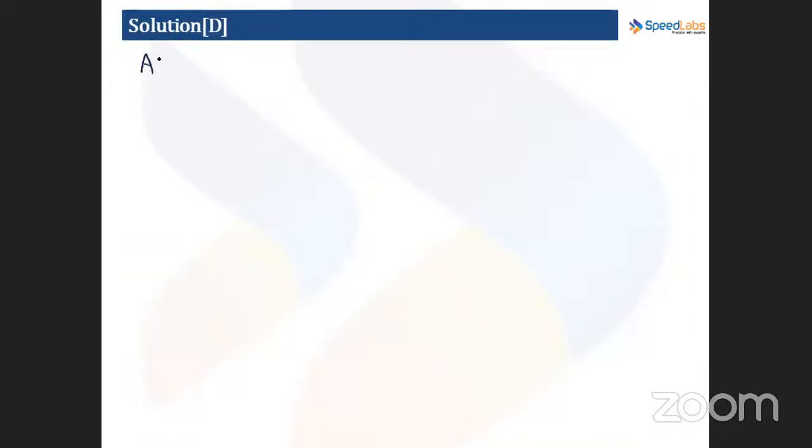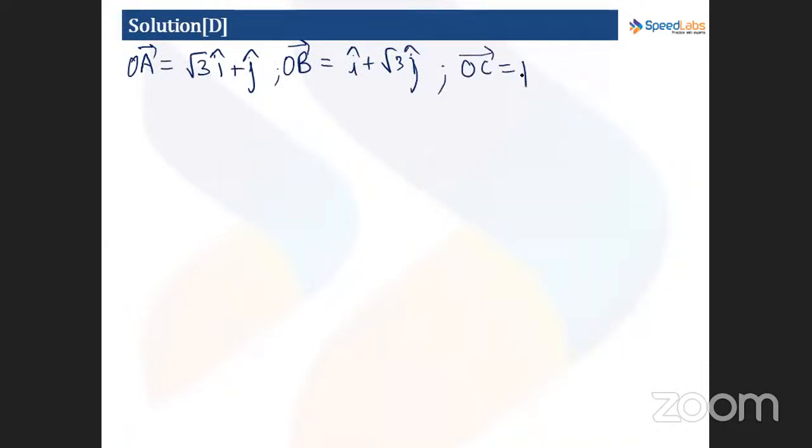So OA vector is root 3 i cap plus j cap. OB vector is i cap plus root 3 j cap, and one more vector is given, OC vector, which is beta i cap plus 1 minus beta j cap.